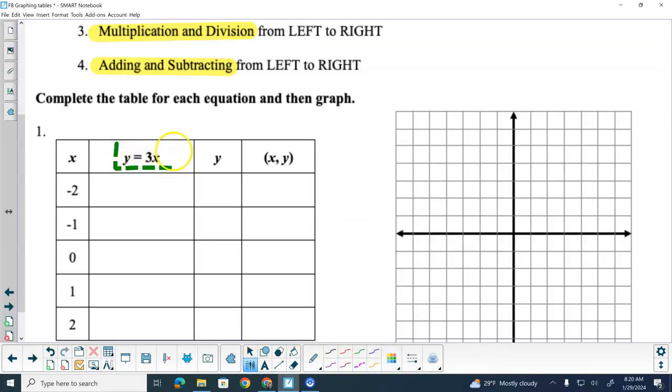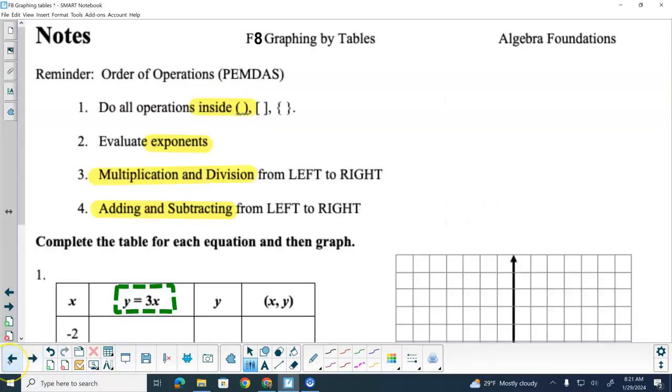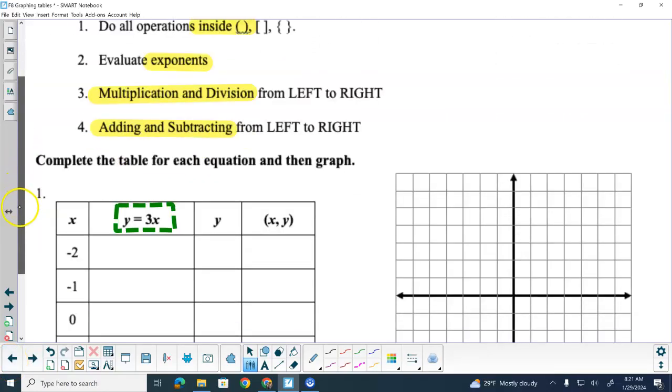So here is our equation. So we picked, or I picked for you in this case, 5 different x values. Okay? Later on, I'm not going to pick any x values for you. You're going to pick them all. Okay? All right? So we picked some x values for you.